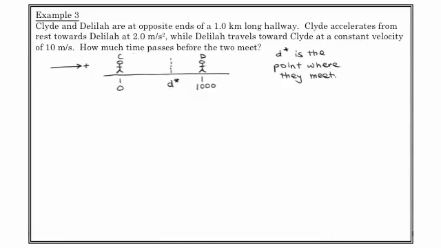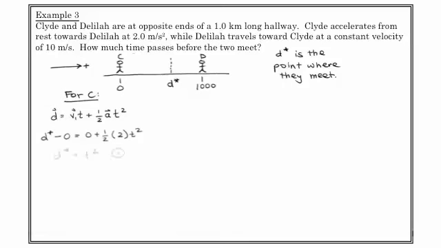So let's take a look at the equations that we have for Clyde. He's accelerating. He starts at rest. We're interested in displacements. We're interested in time. So we're going to use this equation. And it's simplified, which is nice because we have an initial velocity of 0.